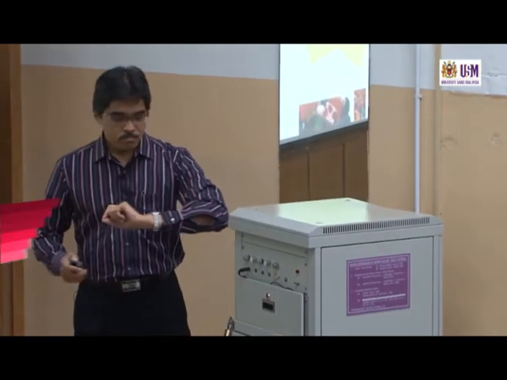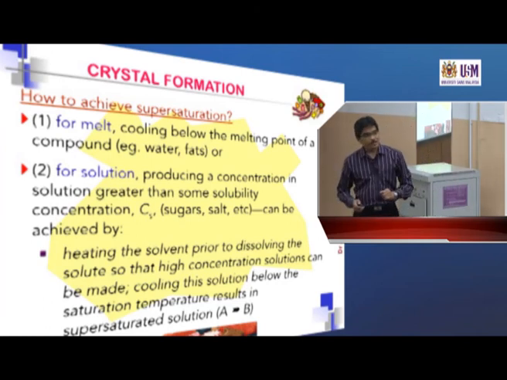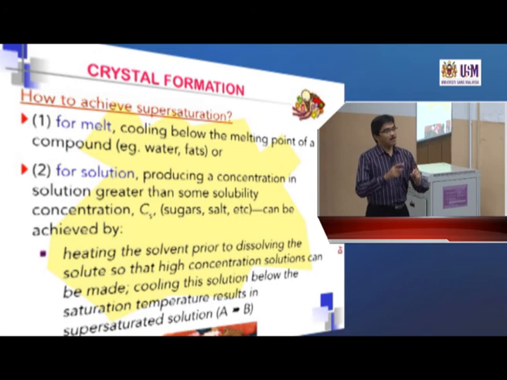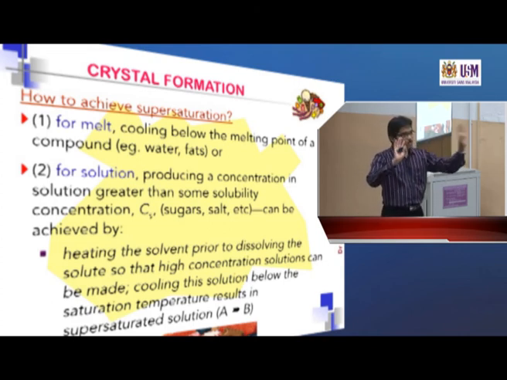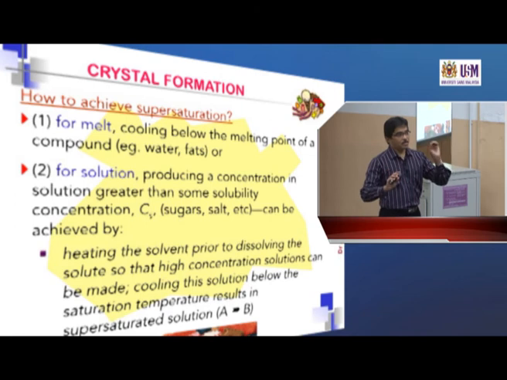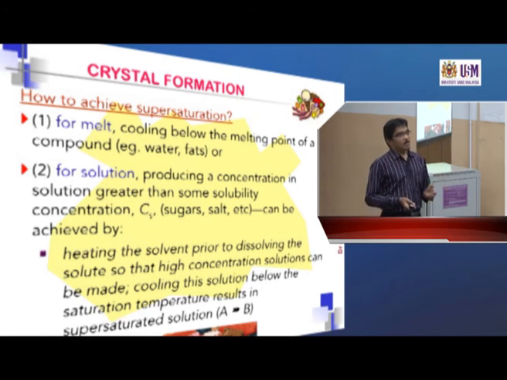How to achieve supersaturation? How to go above the red line just now? Now remember, we have solution, we have melt. So let's see for melt. One way is actually quite simple. Let's say the fat.